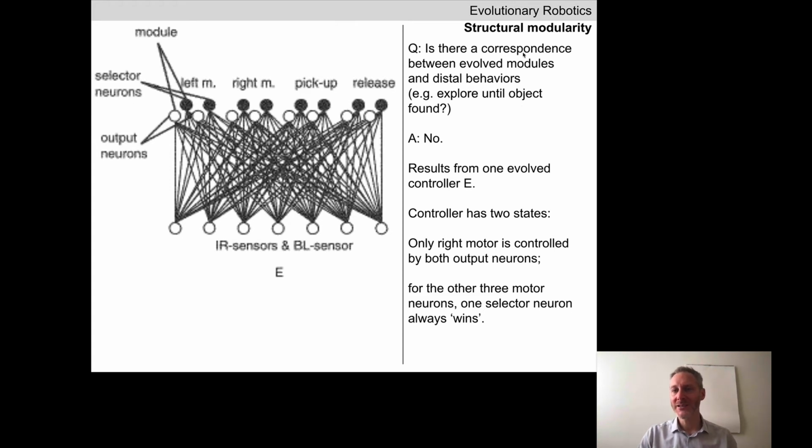First question we can ask is, is there any correspondence between the evolved modules and what, from our perspective, from a distal stance, as we watch the robot moving around in the arena and cleaning it up, is there any obvious correspondence? So is this neural module in control when the robot is looking for an object? And is this module in control whenever the robot has an object?